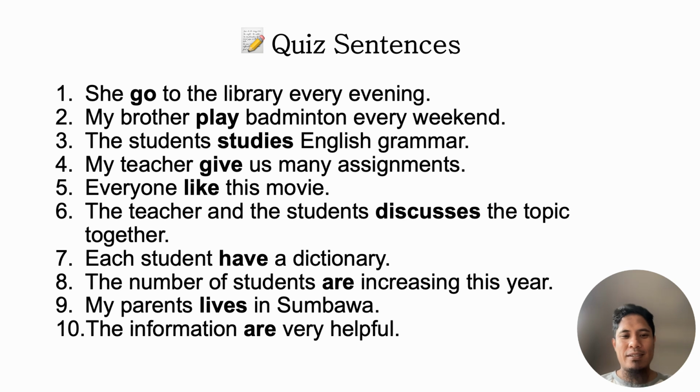Your task is to read each sentence carefully and correct the verb so that it matches the subject. Please pay close attention to the number of the subject, whether it is singular or plural. And also, notice special expressions such as everyone, each, or one of the students, which often cause agreement errors, okay?